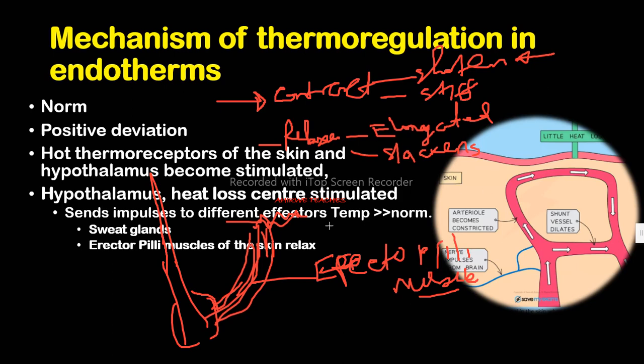But here we have no antagonistic muscles. But I just wanted to emphasize that. So here we have the erector pili muscle. Now, it is hot. Okay? And when it's hot, the skin hair must fall.